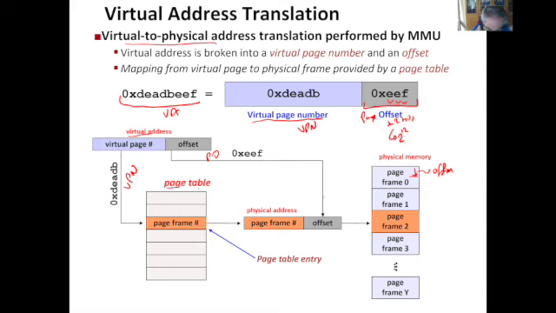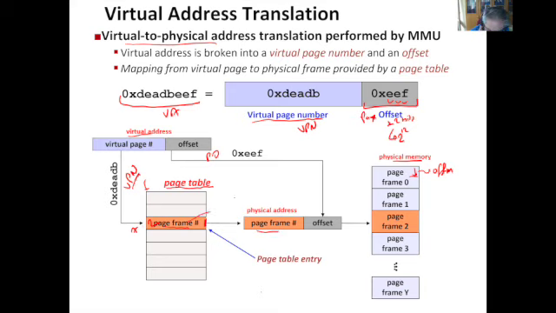Then here we have this crucial thing, which is a page table. A page table is essentially an array, and in this array we use the VPN as the index. Say the 7th virtual page is mapped onto, maybe, physical page 2. So the physical page number is given here.